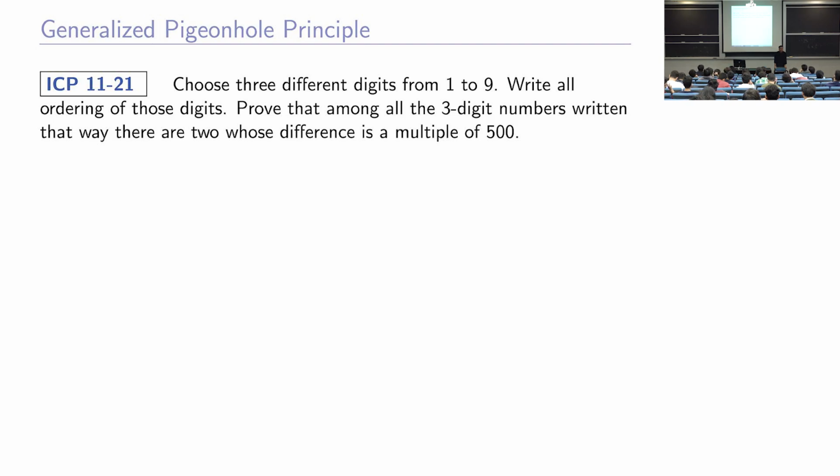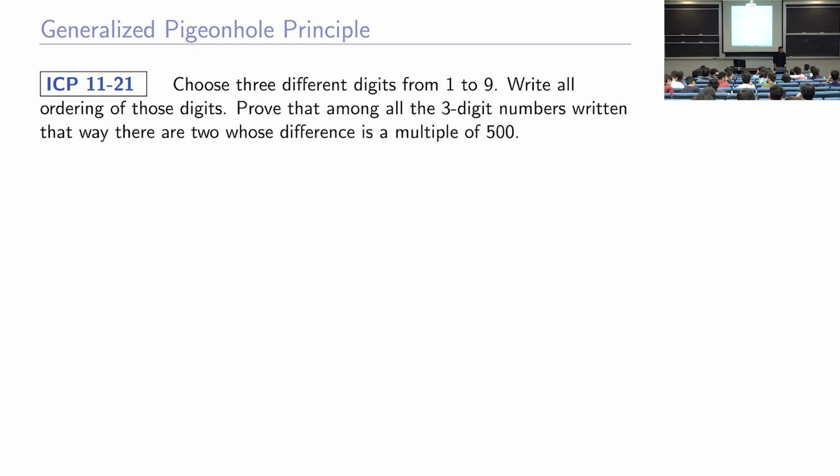How do I make a number? Choose 3 different digits and write them in all different orderings. So how many numbers can I make?